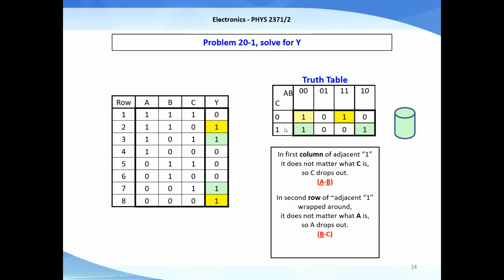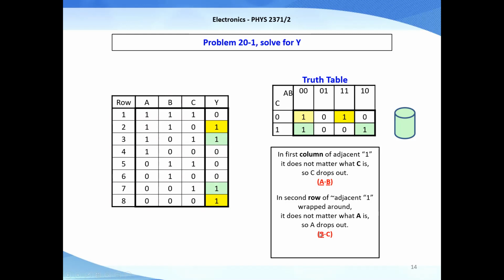Okay, so you know that it has to be C. And then what happens with A and B? Well, you have to look up here and see A is 0 here and A is 1 here. So A can be either 0 or 1, so A is going to drop out. And then you're going to have B bar, because it's 0.